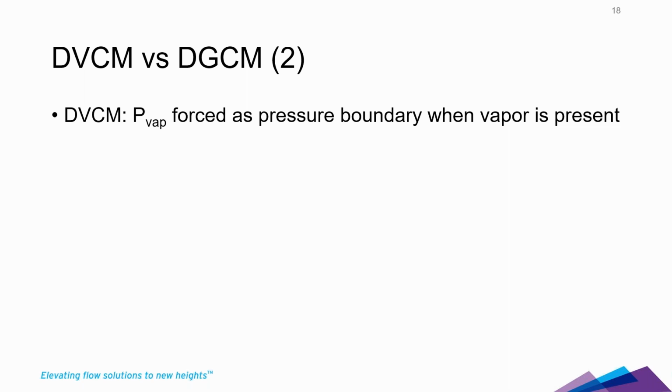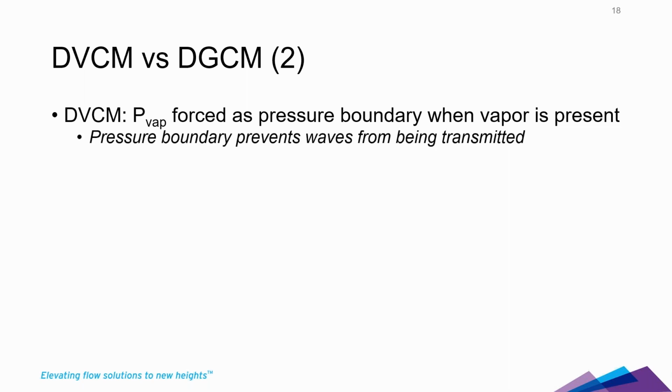So I'm going to breeze through these last couple of slides a little bit more quickly, and we're going to start taking a look at Impulse itself. Just an important thing to remember with the vapor cavity model: it sets a pipe station at vapor pressure. Waves do not transmit through that station in that case.